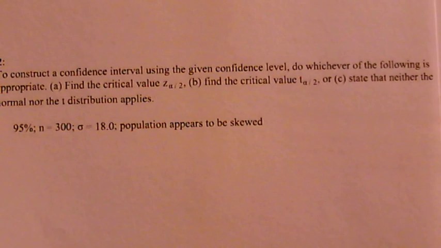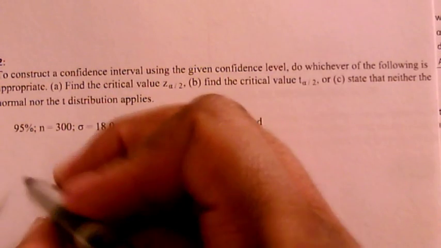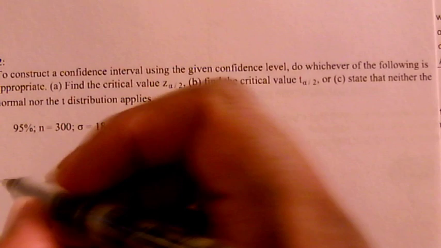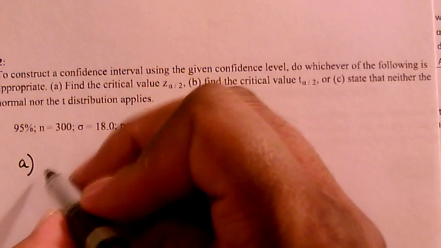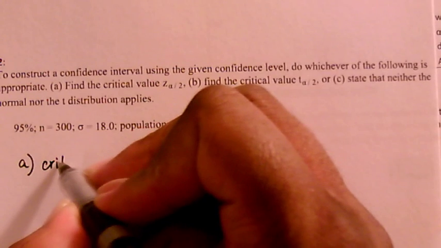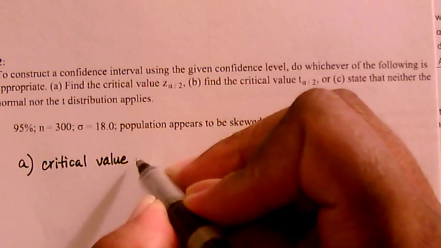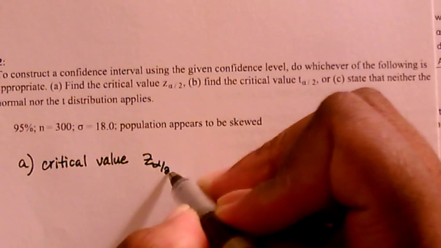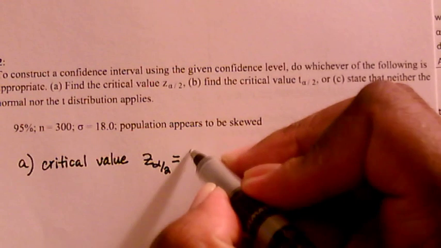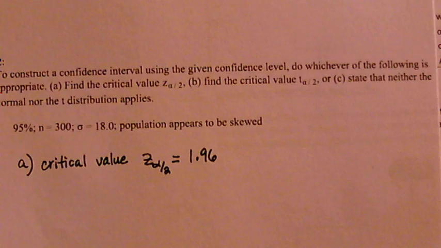so we use the normal z distribution. So in this case here, we're going to use that critical z value. Your critical value, in this case z of alpha over 2, is 1.96.